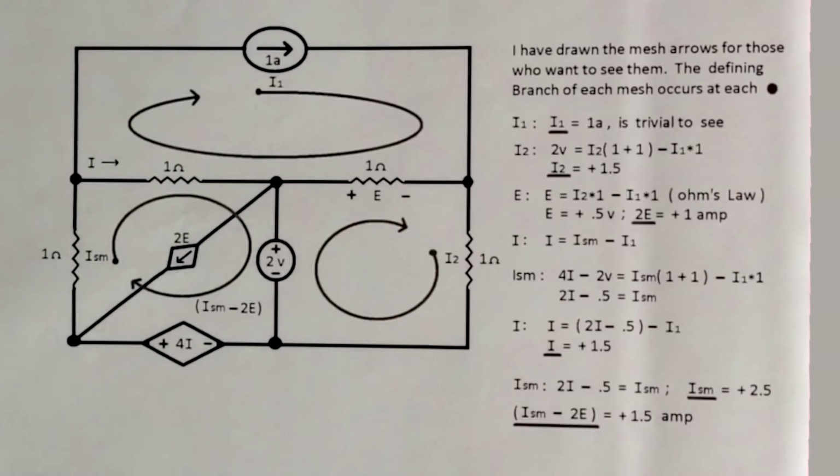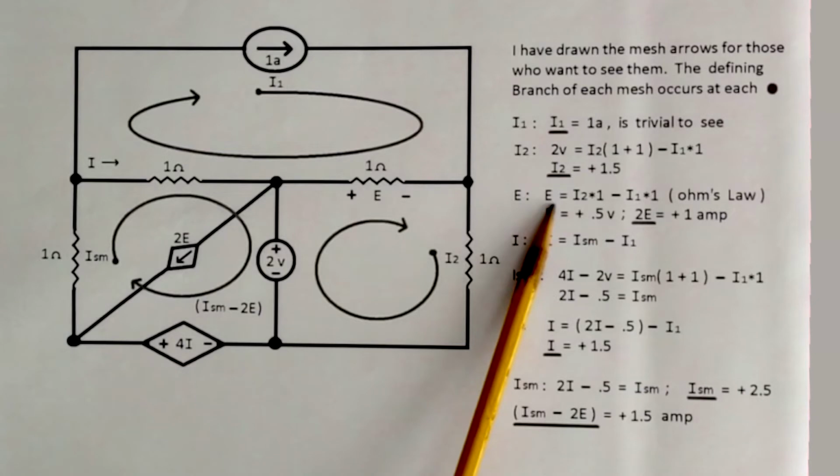The E voltage, we should look at this equation here. We're going to need to write an Ohm's law equation, which is going to be made up of two Ohm's law terms. We see the E equation.